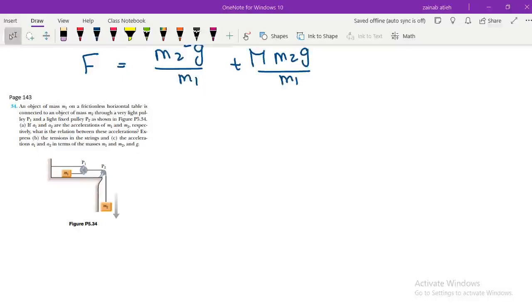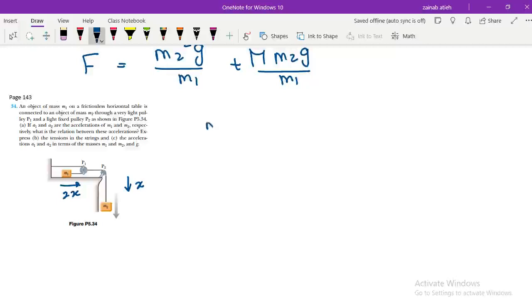So when M2 travels a distance X downward, it will pull the pulley P1 a distance X. When the pulley P1 moves a distance X, this string will be pulled a distance X from above and a distance X from below. So the block M1 will move a distance 2X. So if M2 has an acceleration A, M1 will have an acceleration 2A.